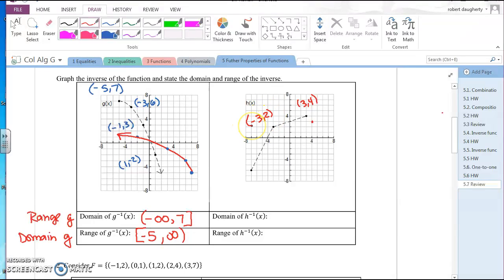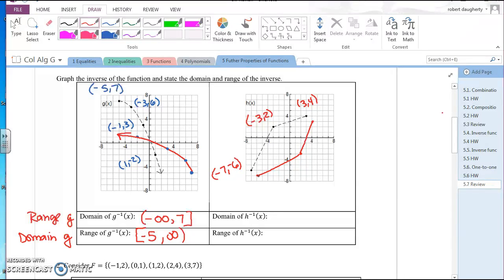So I'm going to need to find the point 2, negative 3, which is right here. Down here, I have the point negative 7, negative 6. So I need to go find the point negative 6, negative 7, which is right here. So if I connect these together, I get something that looks like this.